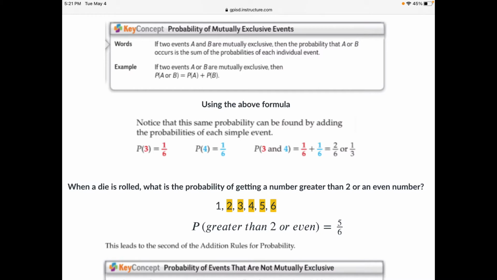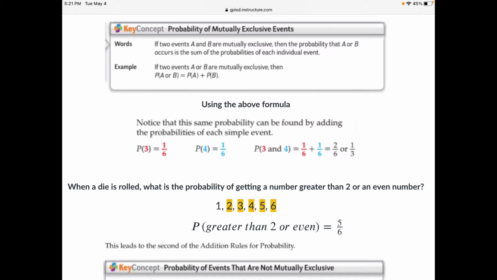Notice that the same probability we just talked about can be found by adding the probabilities of each simple event. What is the probability of getting a 3? Well, 1 out of 6. What's the probability of getting a 4? Well, 1 over 6. So now, what is the probability of, and this is a typo, it says 3 and 4, but it should say 3 or 4? We can add the two fractions, 1 over 6 plus 1 over 6, and we get 2 over 6, the same thing we had earlier.